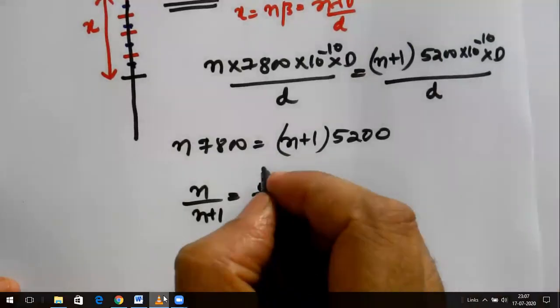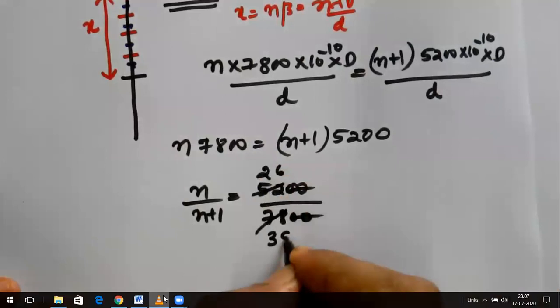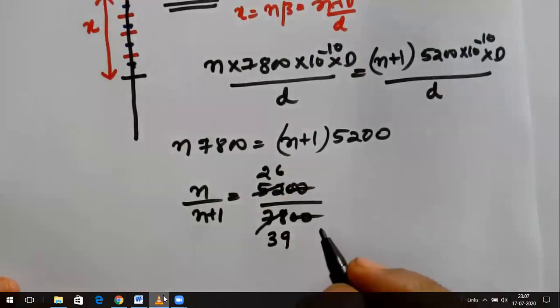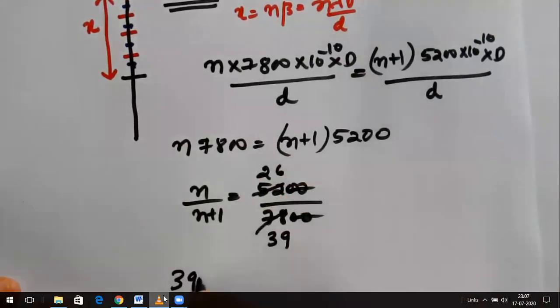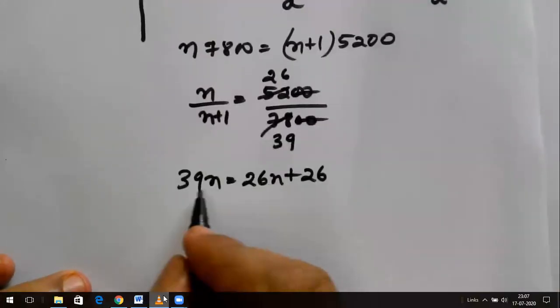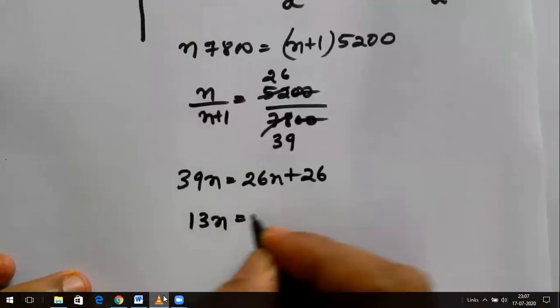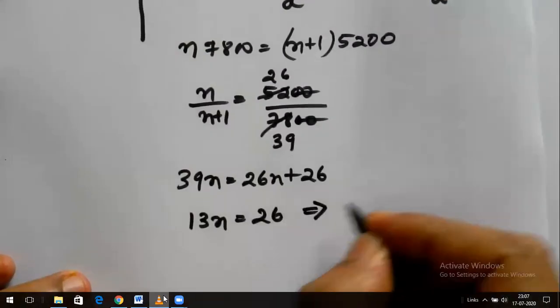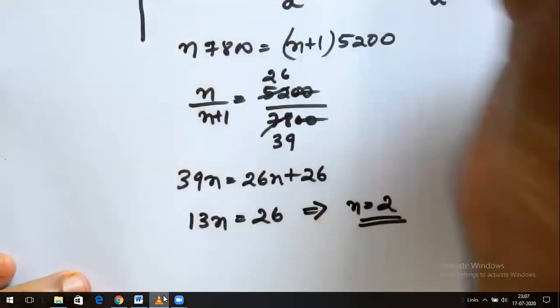So this is 26 by 39, and if you cross multiply, 39n must be equal to 26n plus 26. Now if you subtract, 39 minus 26, this is 13n. So 13n must be equal to 26. That implies n is equal to 2. So third option.